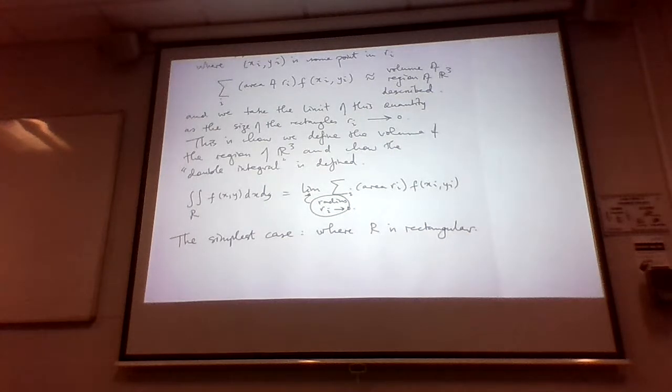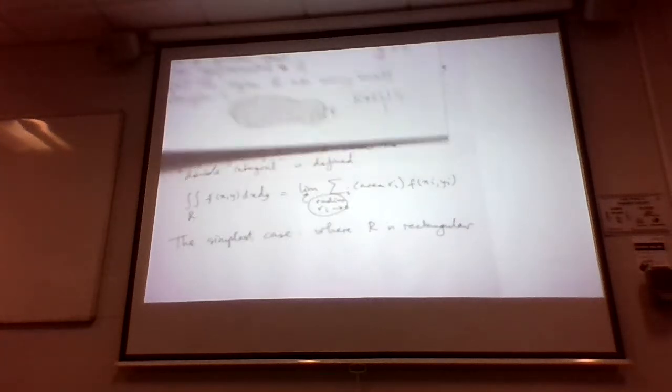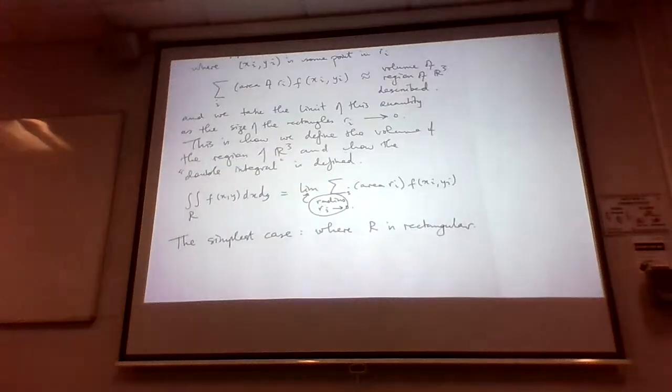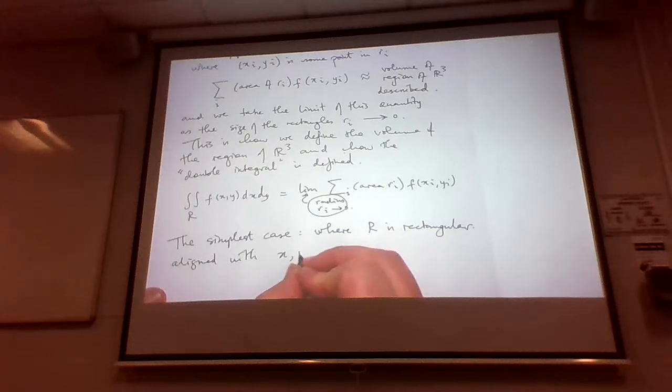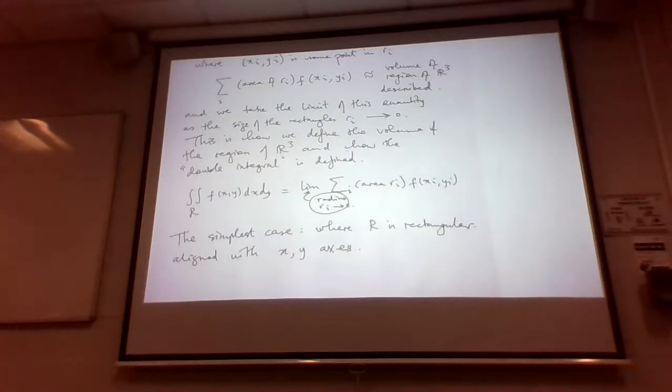Not some region with a curvy boundary, but a rectangle that is aligned with the coordinate axes. So it's the nicest kind of rectangle you can have.